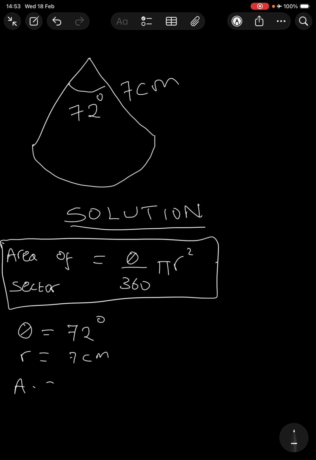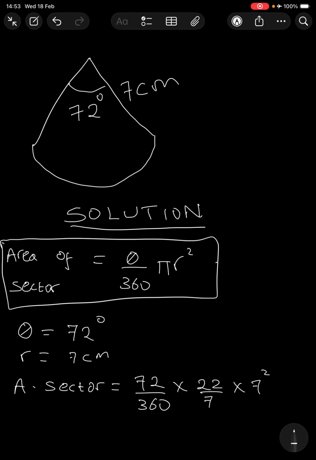Substitute. So area of a sector is equal to theta, which is 72 over 360, times pi, 22 over 7, times radius, which is 7 squared. So work out: you take 72 over 360 times 22 over 7 times 7 times 7.